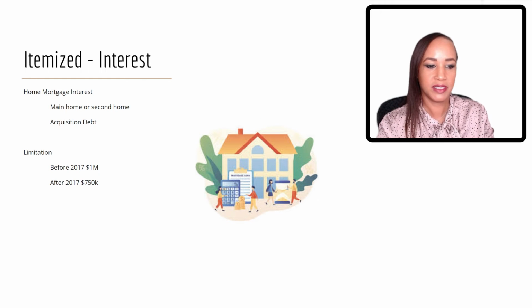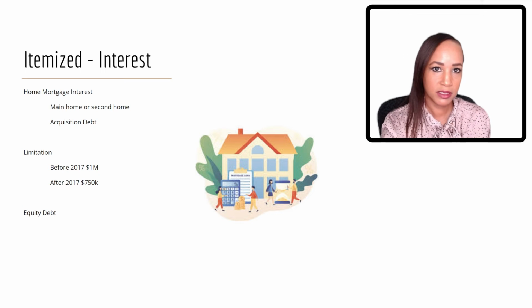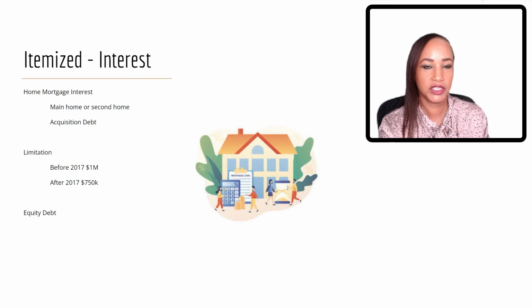After 2017, this is the Tax Cuts and Jobs Act, that limitation went down to $750,000. So if you acquired a property after 2017, you are going to be able to deduct the amount of interest for debt valued up to $750,000. Equity debt is not allowable as a deduction here.